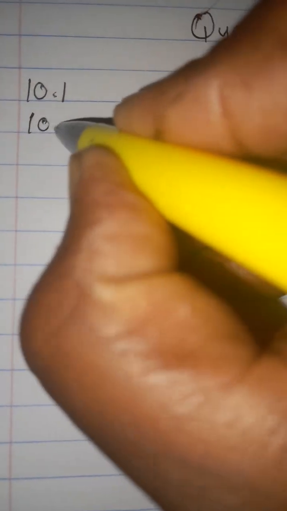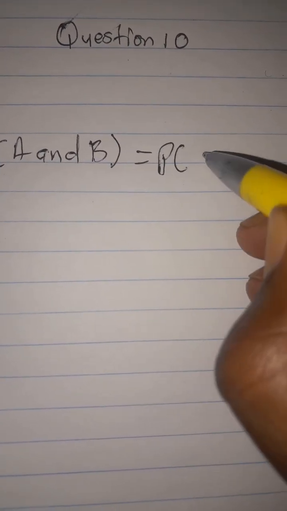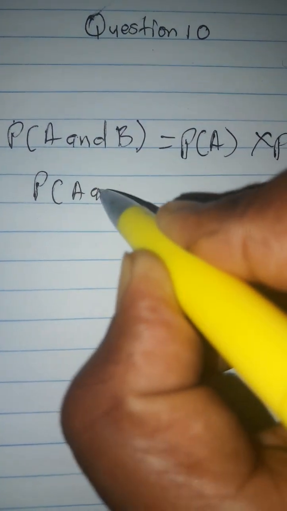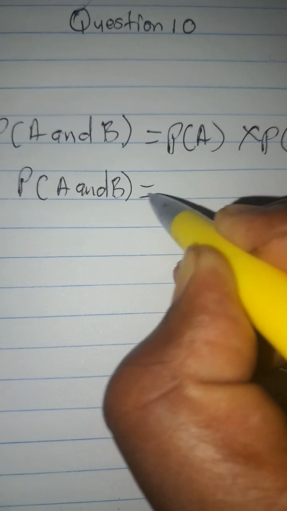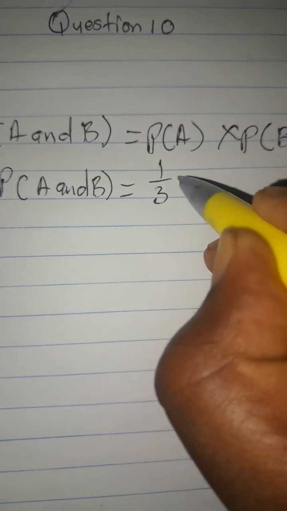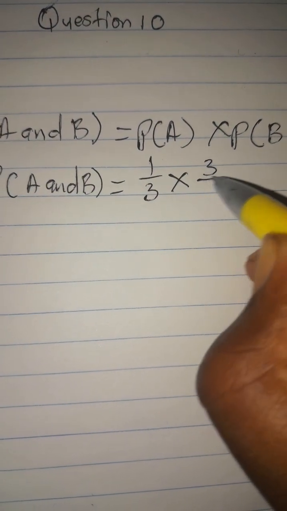Well, just as I've stated, we are at 10.1.1, so we need to calculate the probability of A and B. That will be the probability of A multiplied by the probability of B. Remember, A is given as 1/3 multiplied by 3/4.